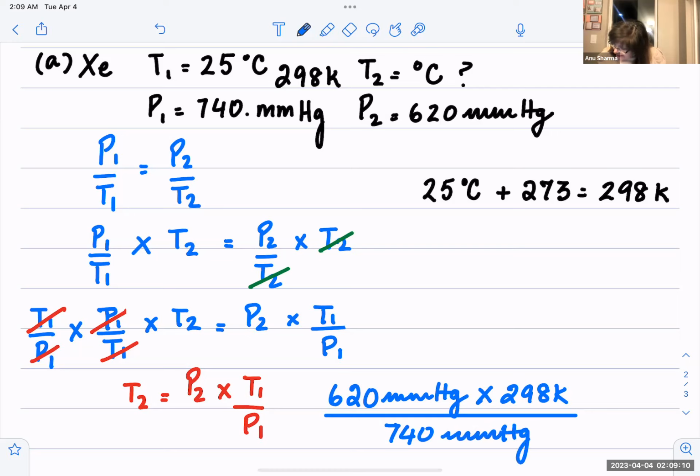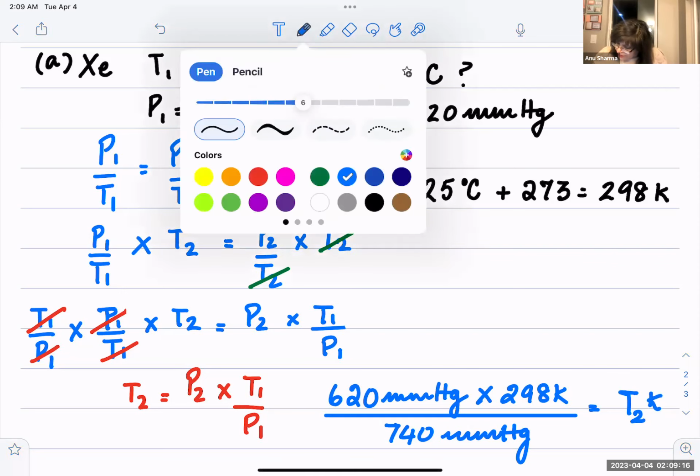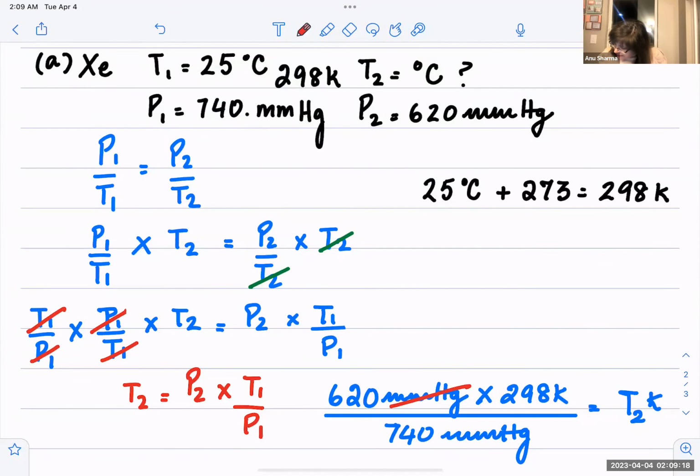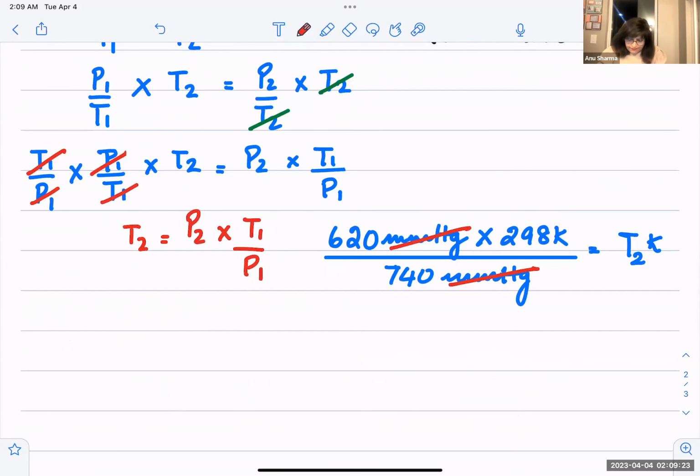This gives you the temperature T2 in Kelvin, and the millimeters of mercury cancel out. So 620 times 298, divided by 740, gives you 249.67.